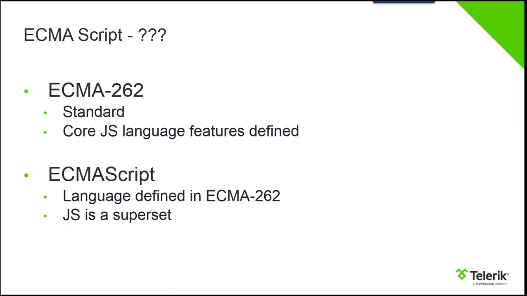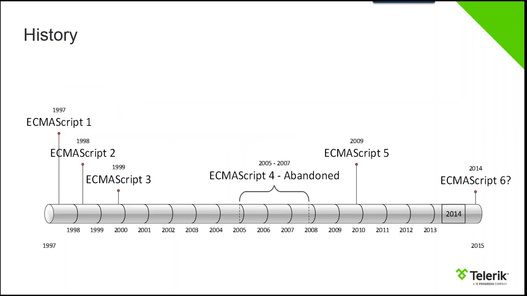So this is how JavaScript became a standard language. You had a standard called ECMA 262, which defined the language features. Then a script was developed based on these standards, and that's what we call ECMAScript. JavaScript as a language is a superset of ECMAScript. So this is what the history of ECMAScript is all about.